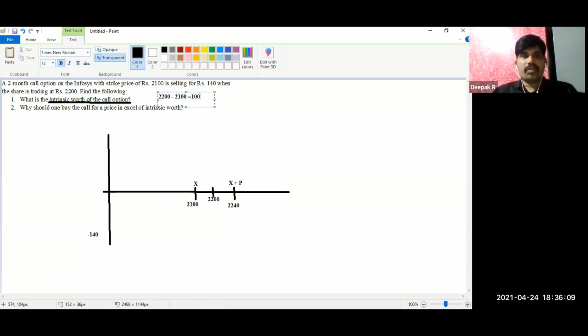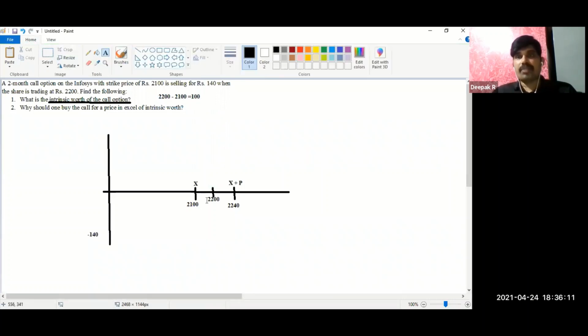This is going to be 100 rupees. If the spot price is greater than the exercise price, the difference is always referred to as the intrinsic worth of the call option.